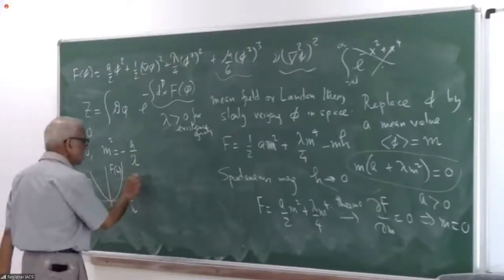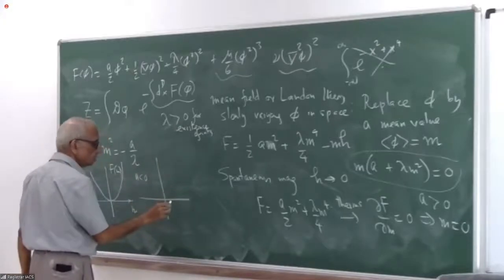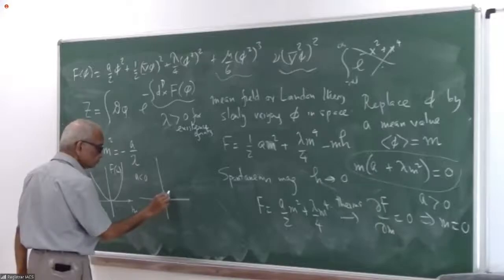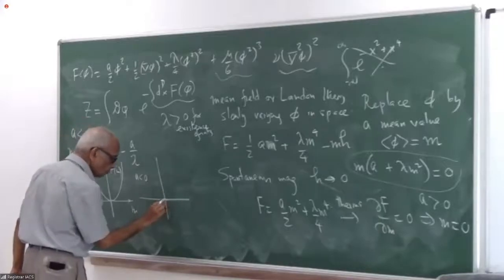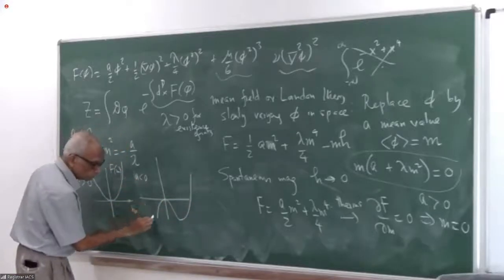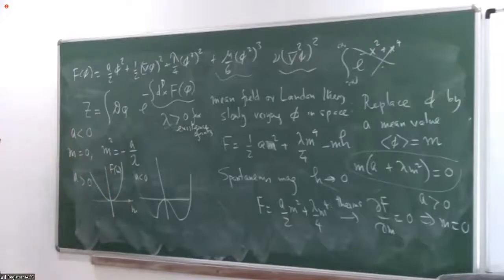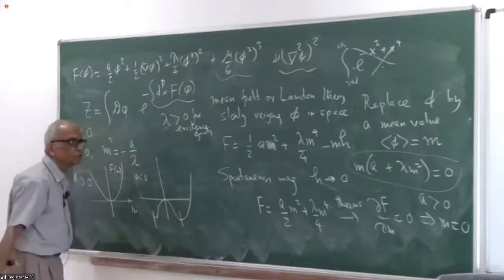But if A is less than 0, then the free energy looks like this. So it is going to settle either here or here.